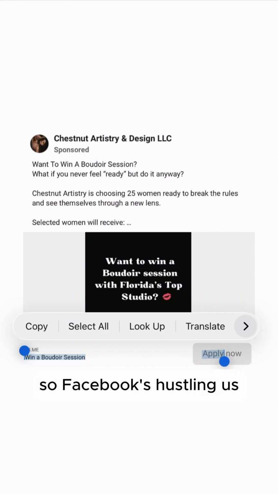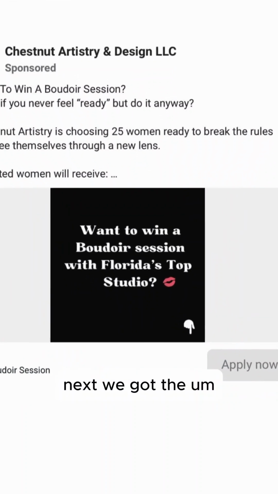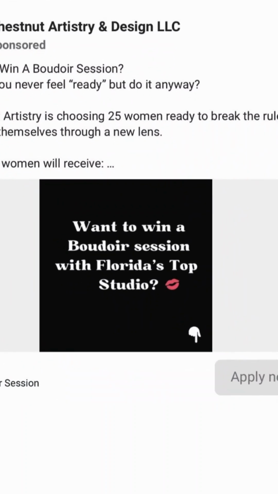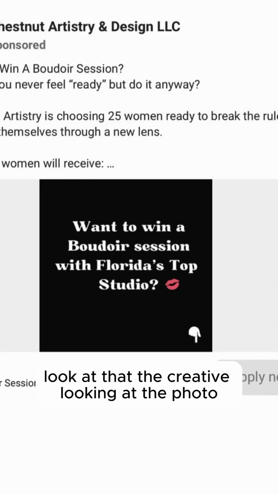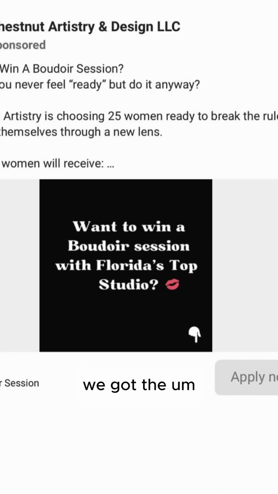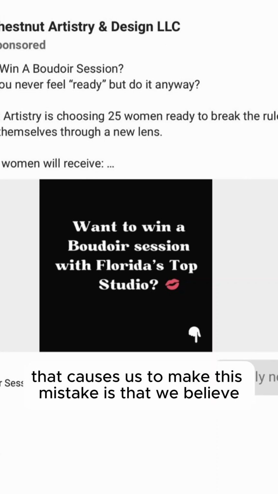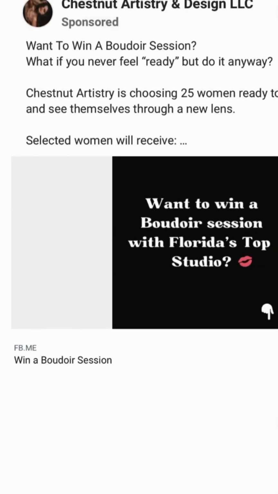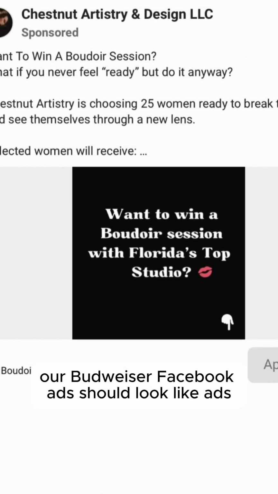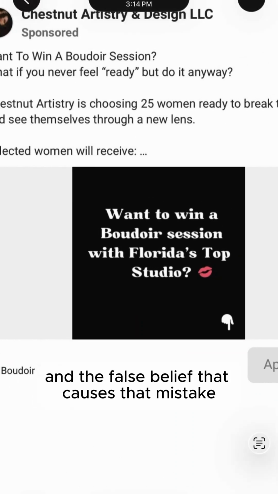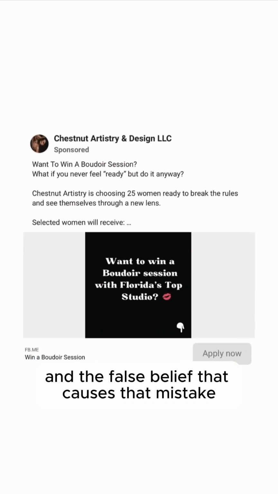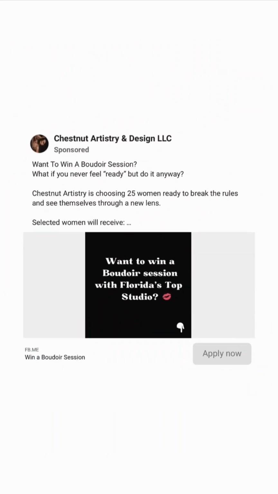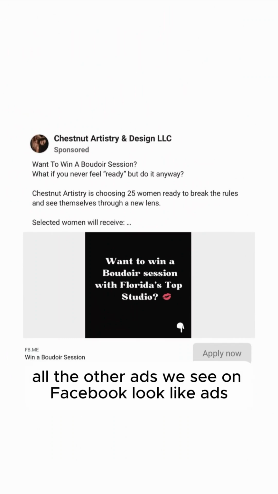So Facebook's hustling us. Next, we look at the creative, looking at the photo. We got the looks-like-an-ad mistake. The false belief that causes this mistake is that we believe our boudoir Facebook ads should look like ads, because basically all the other ads we see on Facebook look like ads.